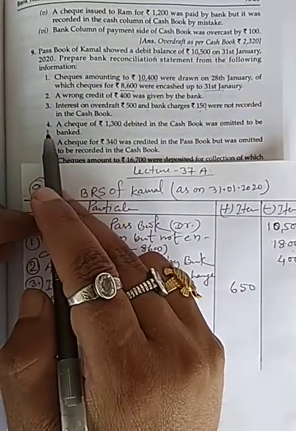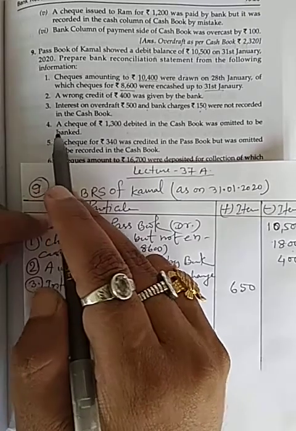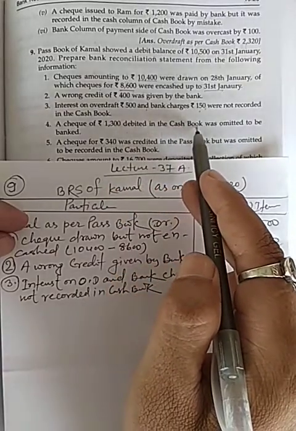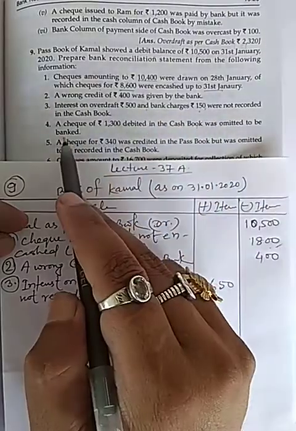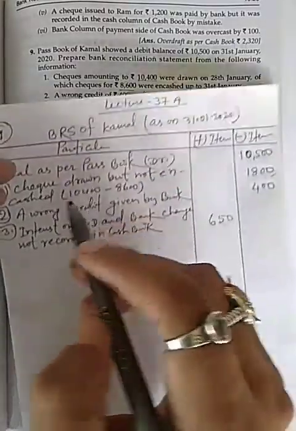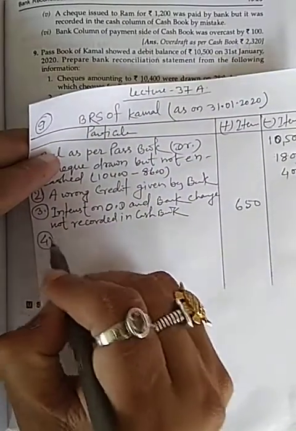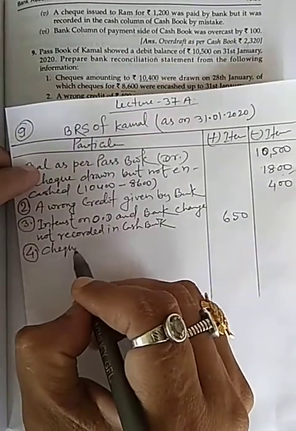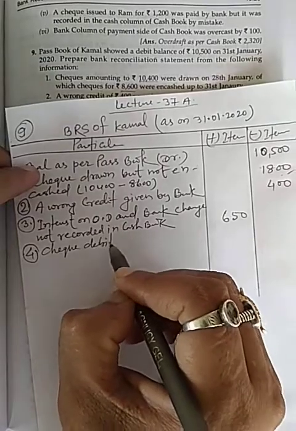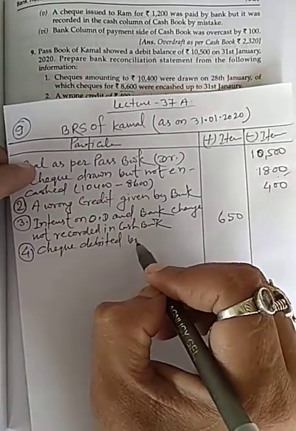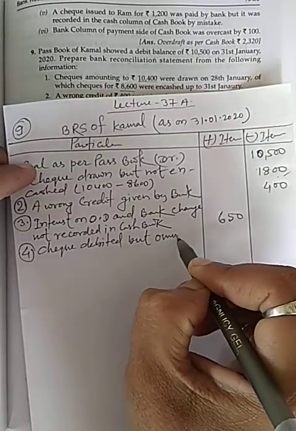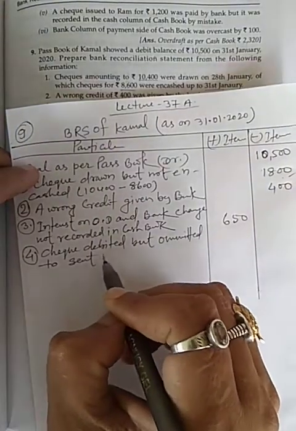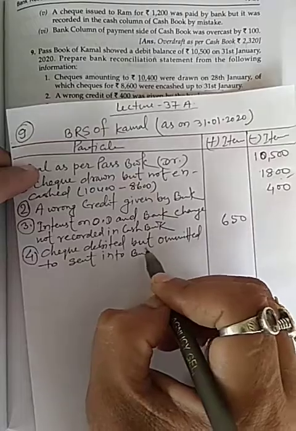Now student, fourth point is saying a check of 1300 debited in cash book was omitted to be banked. Now fourth point, check debited but omitted to send into bank.